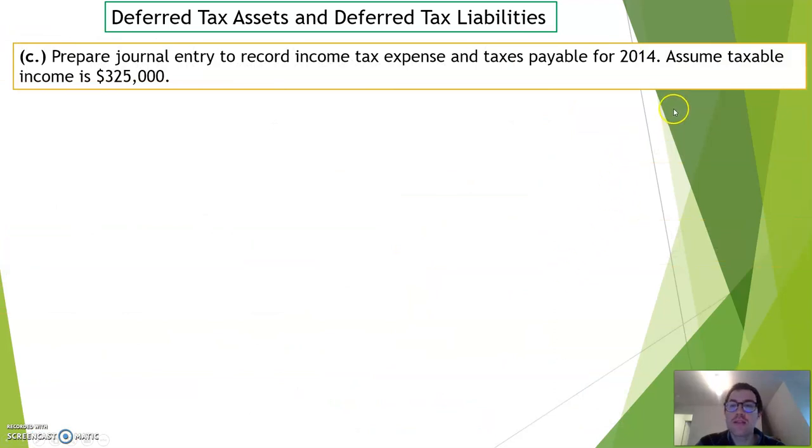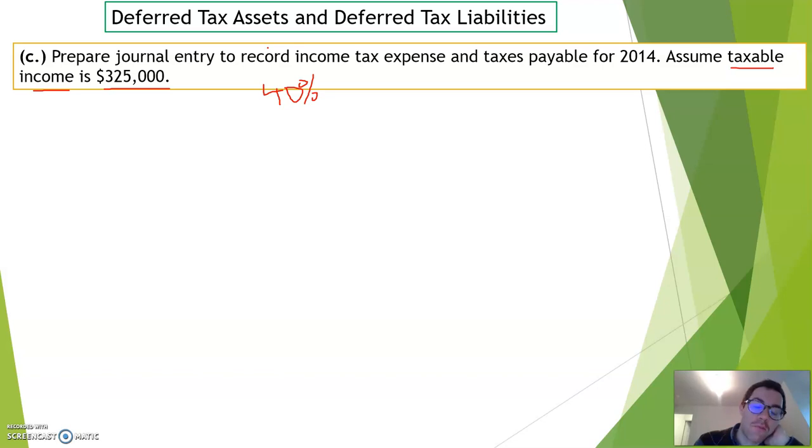All right, let's go to the next year. Same company, Lando Corporation, same details. It's now 2014. Let's do the journal entry, assuming that taxable income is $325. The tax rate is still that 40%, remember? So income taxes payable is easy: $325 times 40%. But they did not give us pre-tax book income, or GAAP income, there.